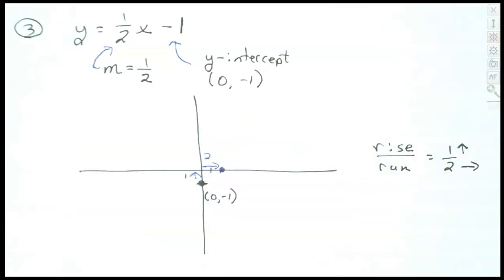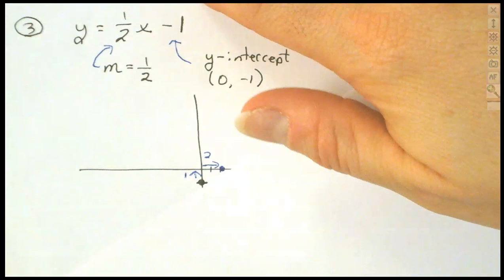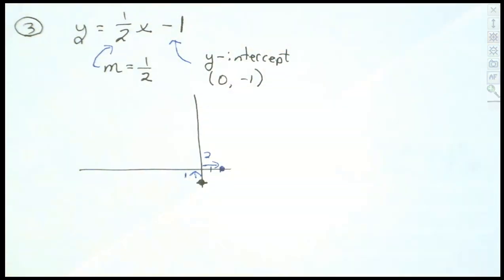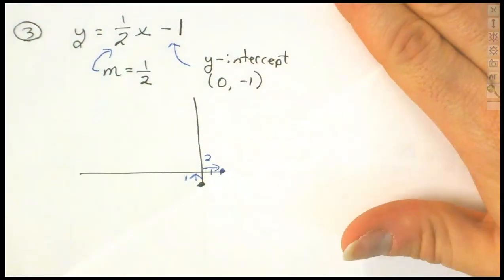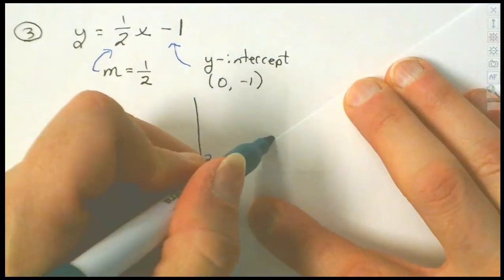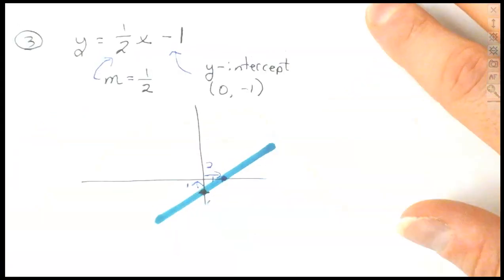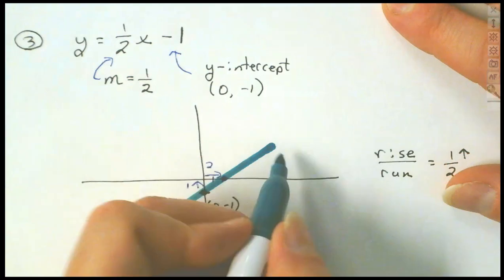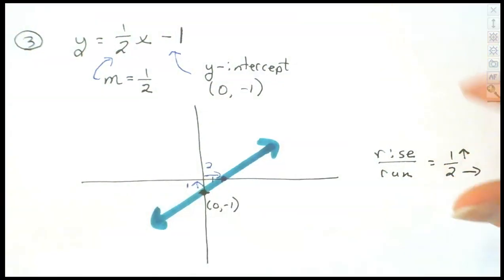Now we have our 2 dots, or 2 points, and we can now connect them together. And we have now successfully graphed our equation. So we just connect them together. There is our equation, the graph of our equation.